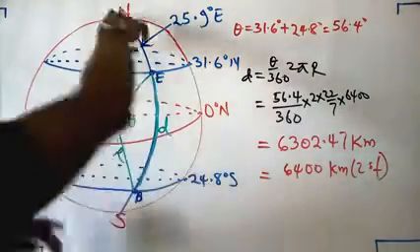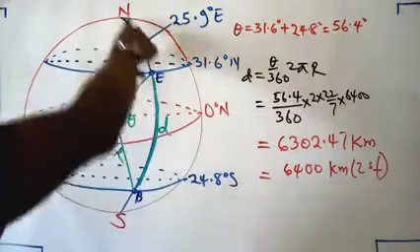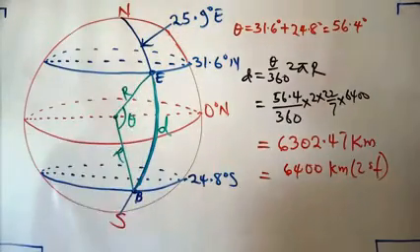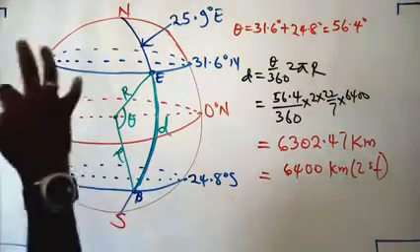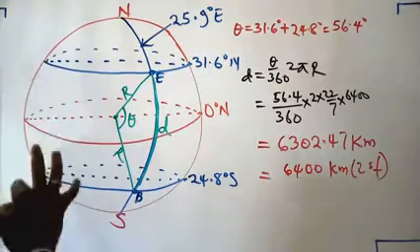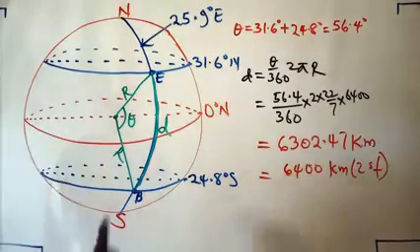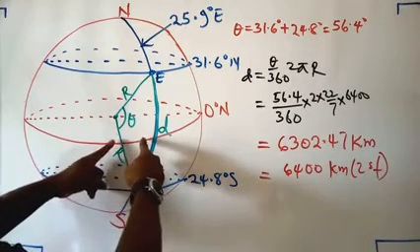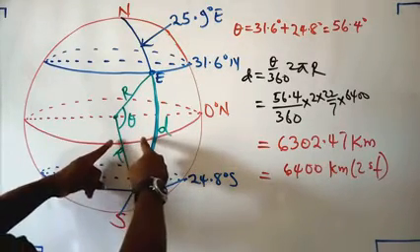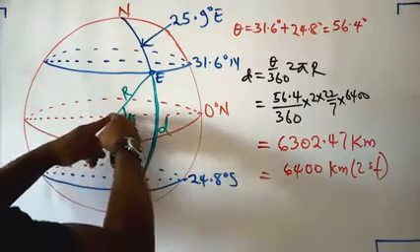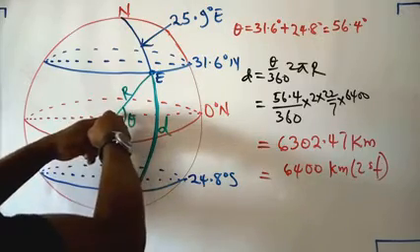They are both on the same longitude, and longitude is also a great circle. So we're going to do exactly the same thing we did with the previous question.